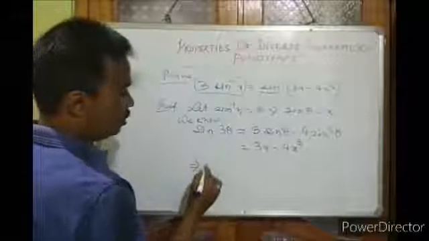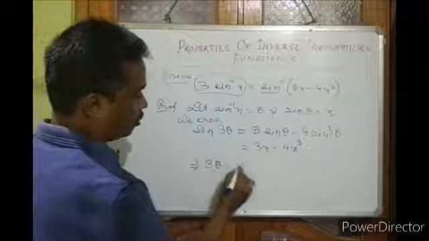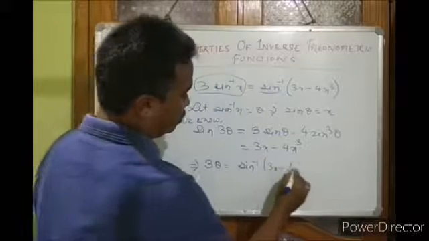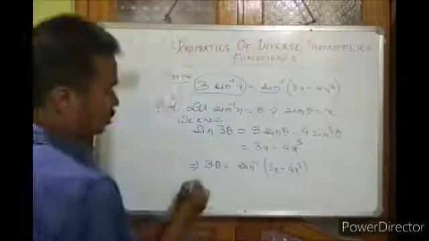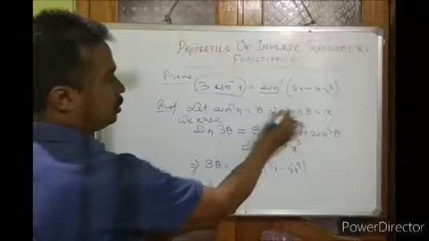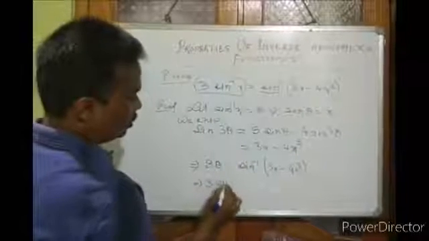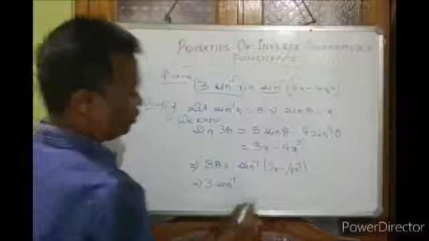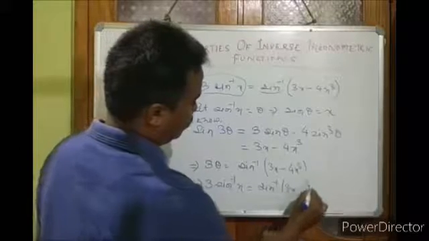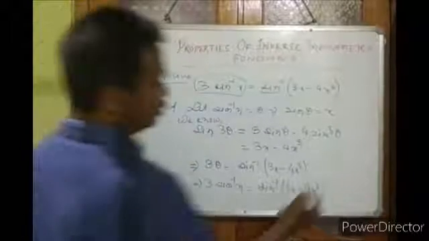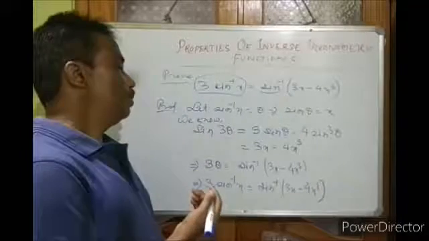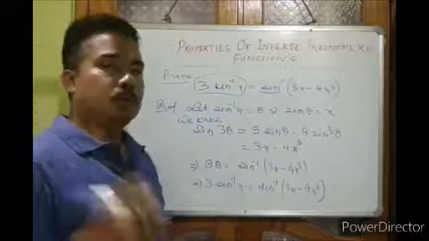This implies 3 theta is equal to sine inverse of thrice x minus 4x cube. Now theta is sine inverse x. So 3 sine inverse x is equal to sine inverse of thrice x minus 4x cube. This will happen in the said domain only. So thank you. I hope you understood.